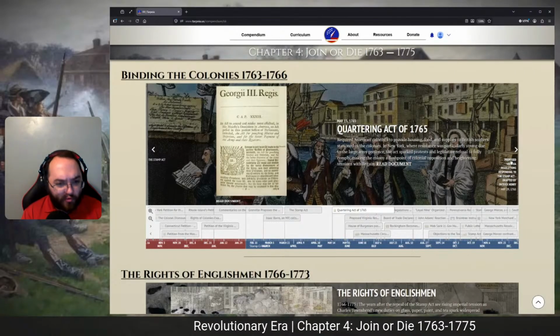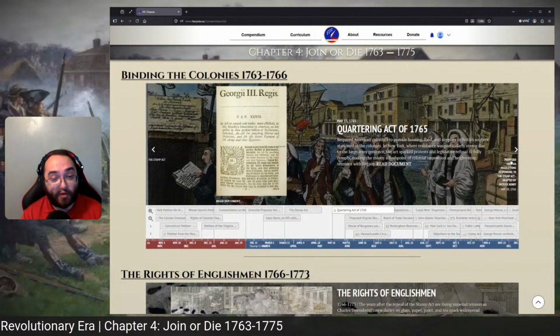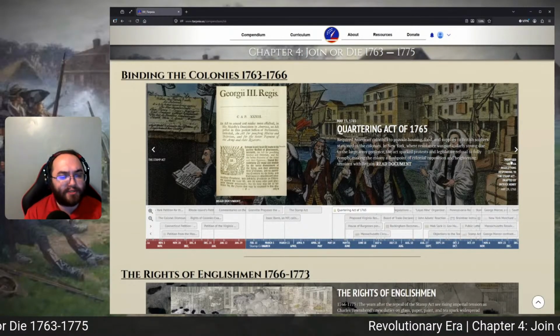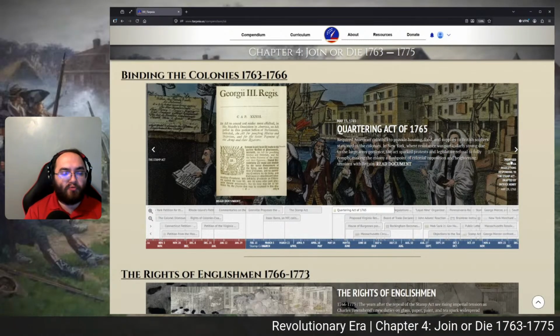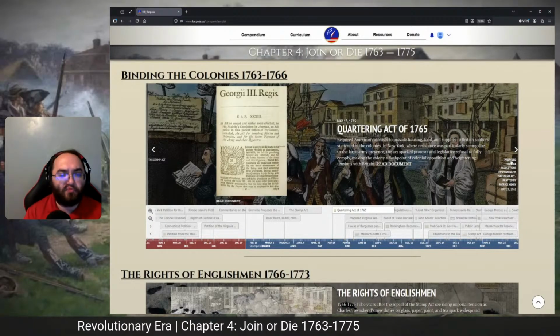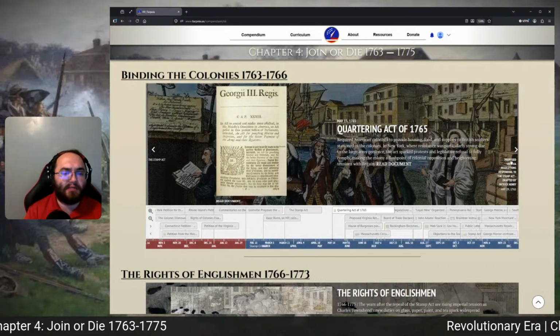So New York will refuse to enforce the Quartering Act, and this Quartering Act forced New York to provide housing or quarters, to provide clothes, ammunition, food, water, transportation, and all these things.